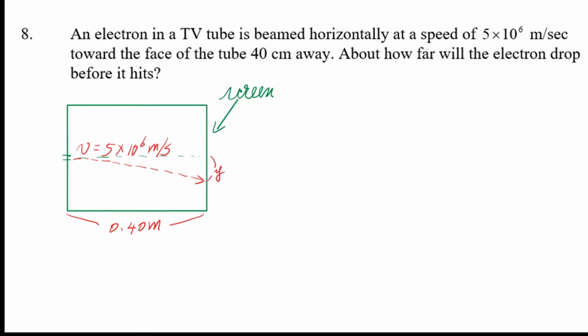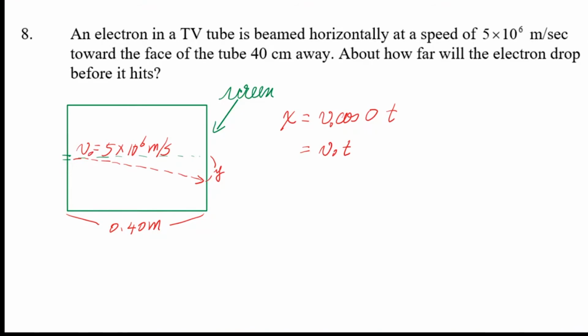You know what I'm saying? Okay, so let's start. X is equal to V cosine 0 degrees times T, which is just V naught T. You get it?